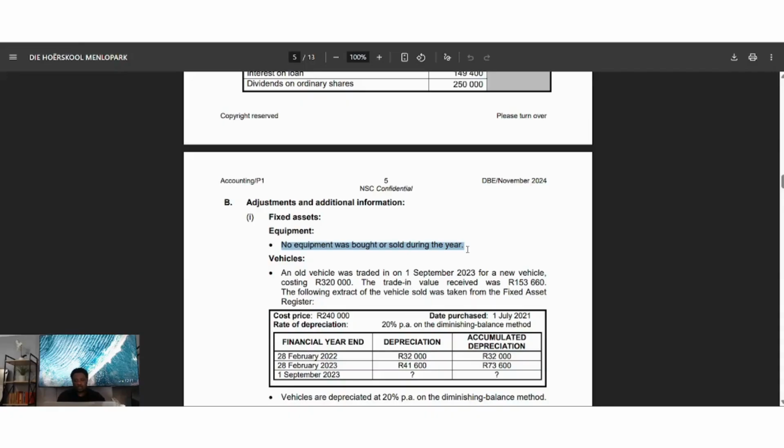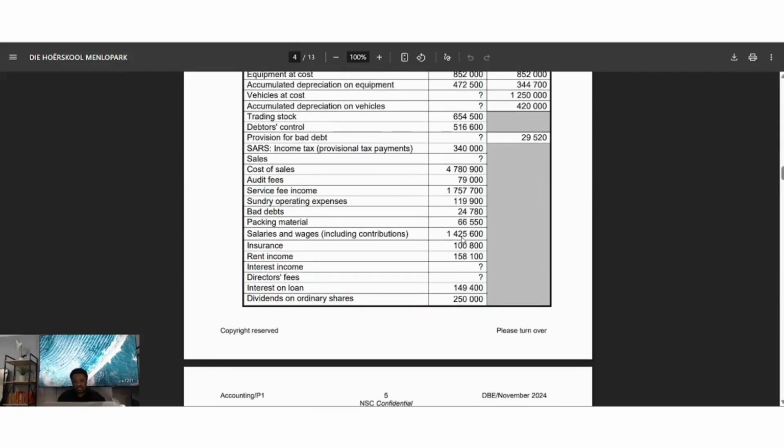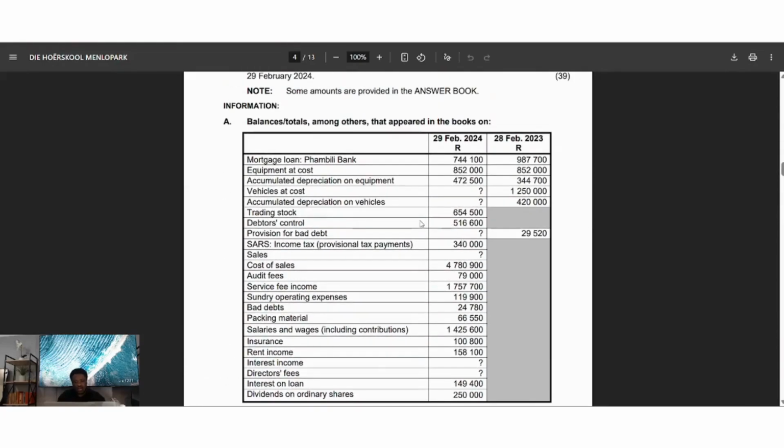If this is the case, then if you think about the ledger account of accumulated depreciation on equipment, it would have an opening balance on the credit side, and then depreciation for the current year on the credit side as well, and that would constitute the accumulated depreciation at the end of the year. Since we're given that, we can look at accumulated depreciation on equipment, and we see that the difference between the beginning and the end of the year is the current year's depreciation.